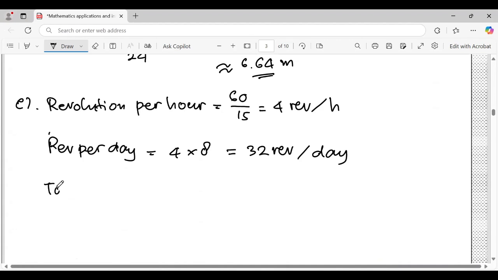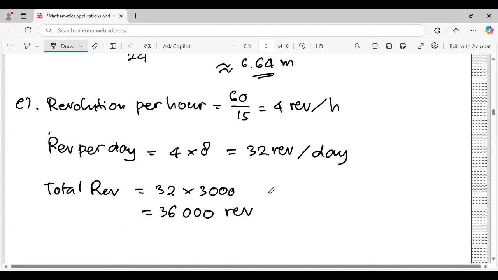Now the total revolutions equal 32 times 3000, because 3000 days, and it is 96,000 revolutions.